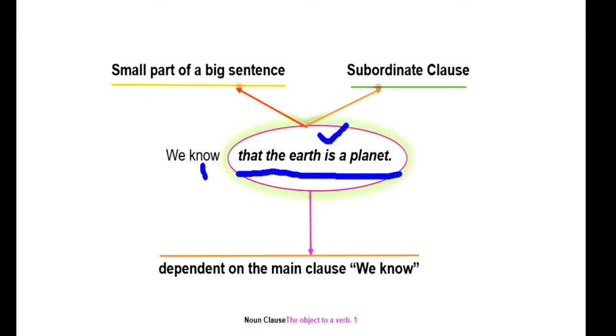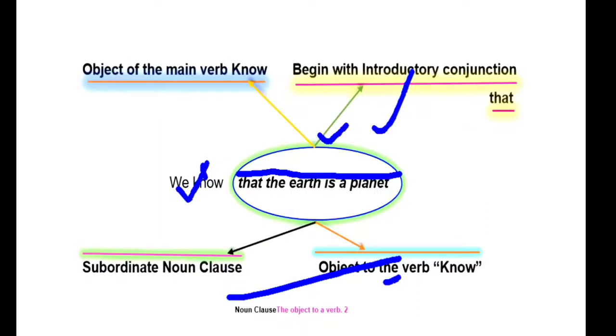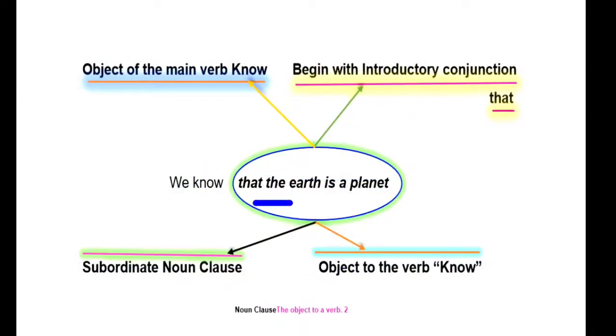This is a small part of a big sentence. This is a subordinate clause. Okay, and this part is dependent on the main clause. We know, this is dependent. And now if you look at this, that the earth is a planet, this begins with the introductory conjunction that.